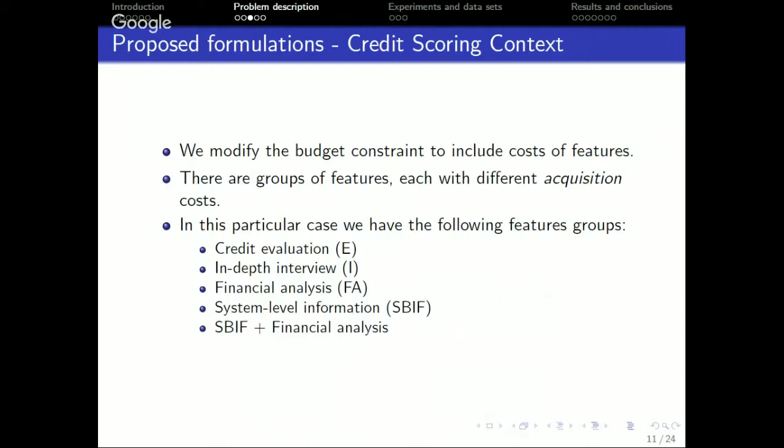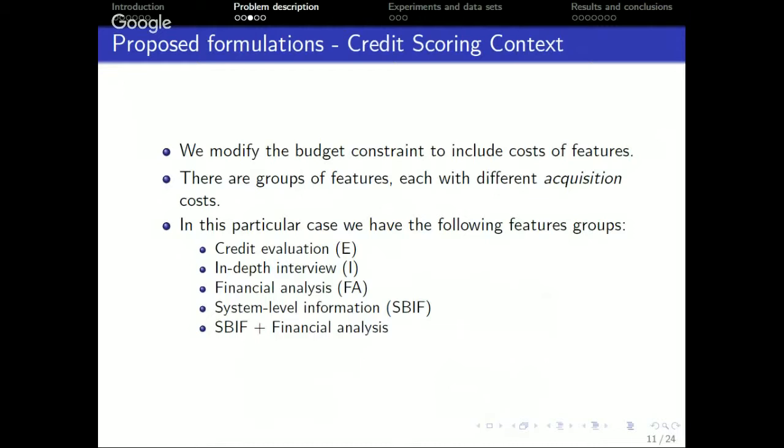These tasks involve a sequential execution, and they imply that you have to spend a fixed cost, money, and also a variable cost. And you then have families of features. Each one of these families of features has a fixed cost and also a variable cost.